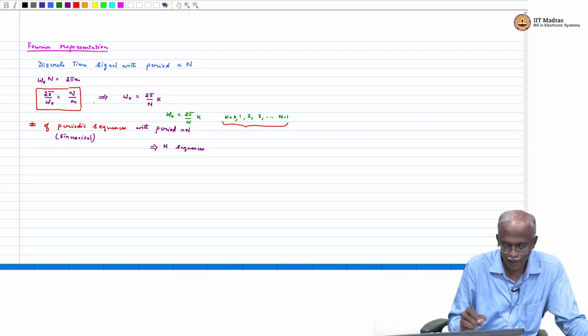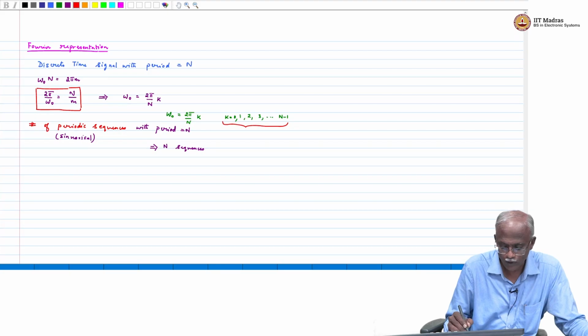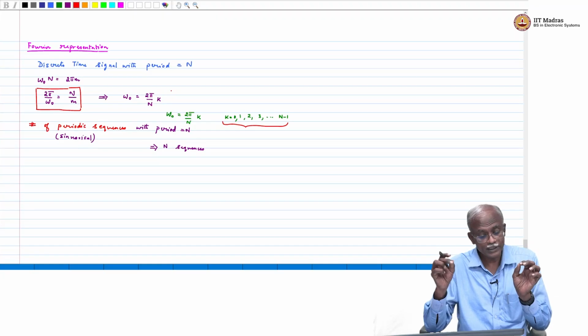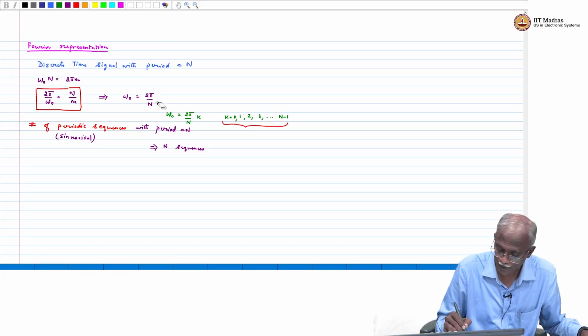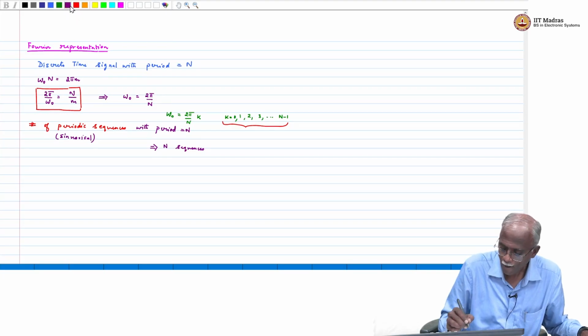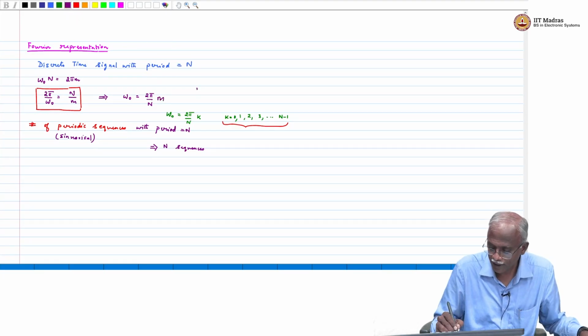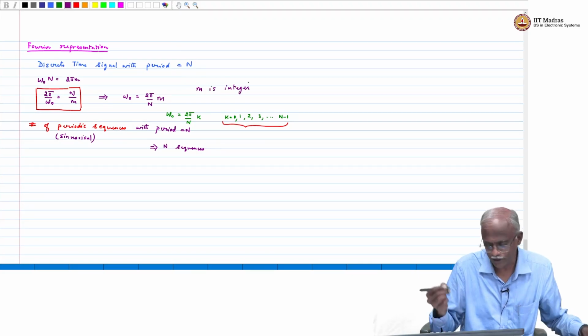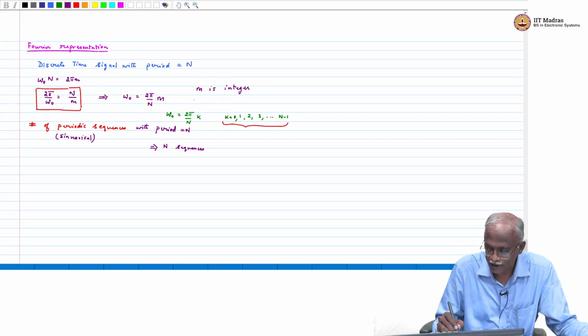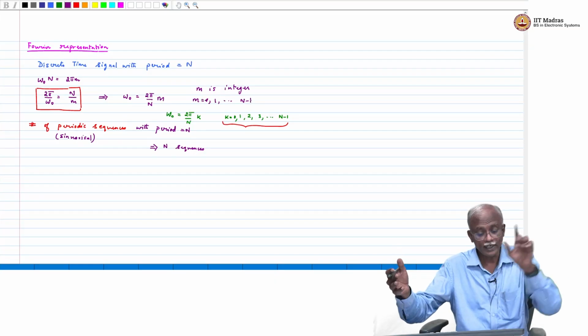So cross multiply, you will get omega naught equal to 2 pi by n times m. Now m is an integer, and we are interested in positive values, because negative frequency is not something that we are thinking about now. So you can start with m equal to 0, 1, all the way to n minus 1, and then when you come to n, you will find that it's equal to 2 pi.